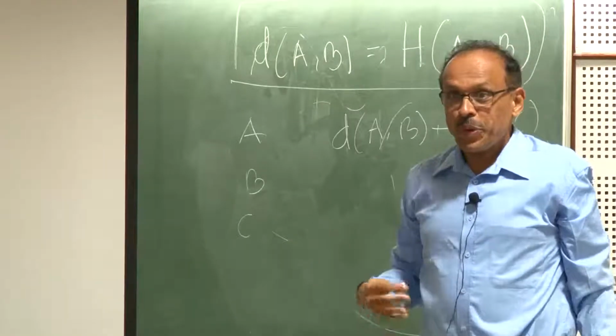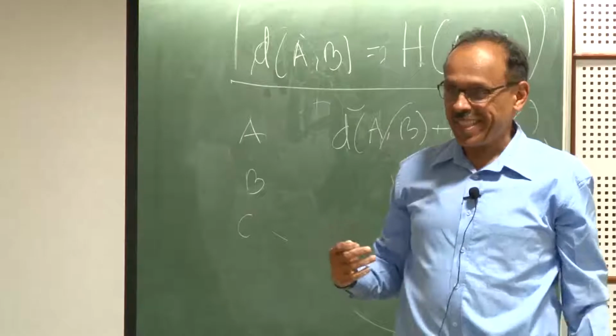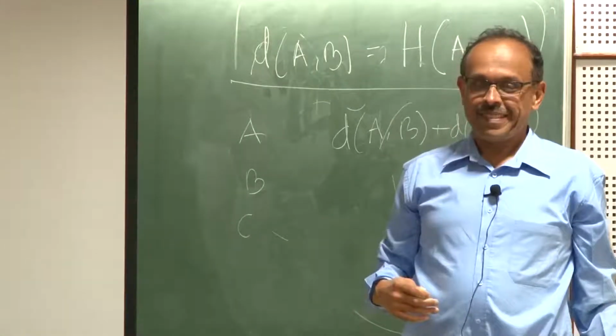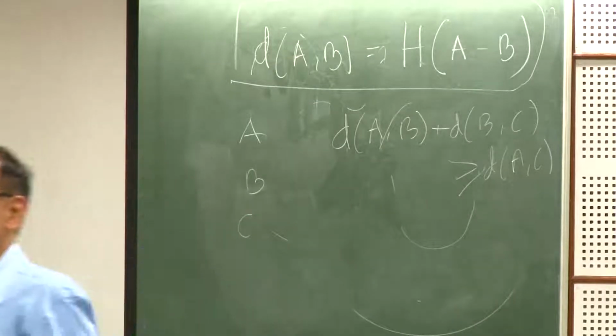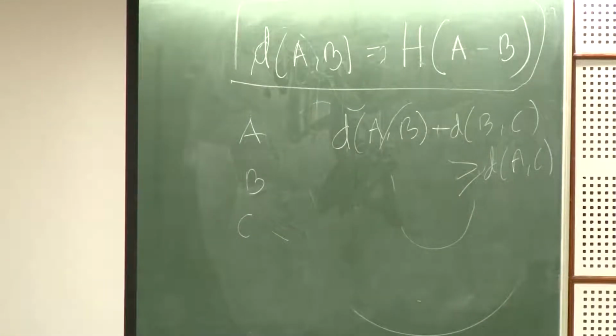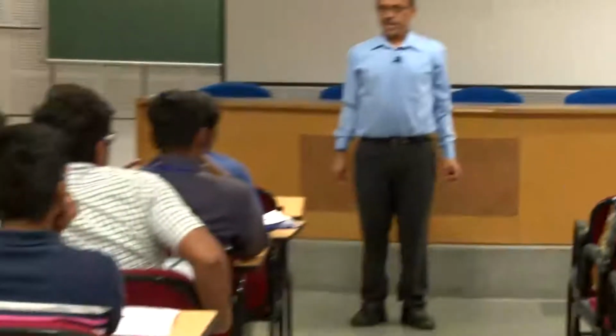So how do you now prove the triangle inequality with this definition? Pardon? It will be on similar lines. I mean, it will be A minus B and B minus C. We calculate the weight of A minus B as one vector and the weight of B minus C as the other vector.